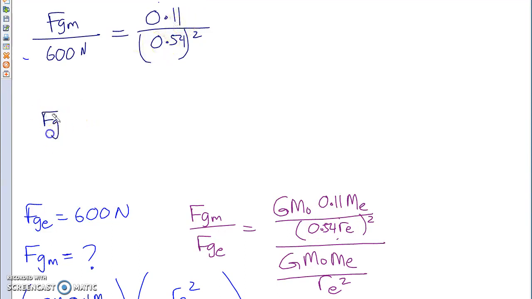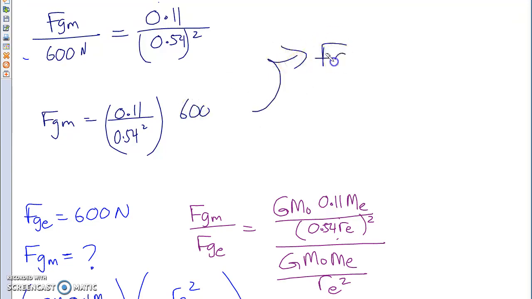So FGM equals 0.11 divided by 0.54 squared times 600. And what do you get for your FGM? 226.4 newtons.